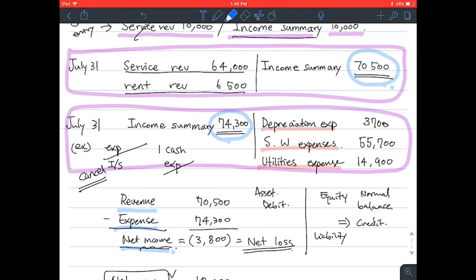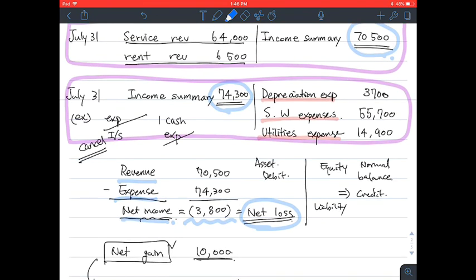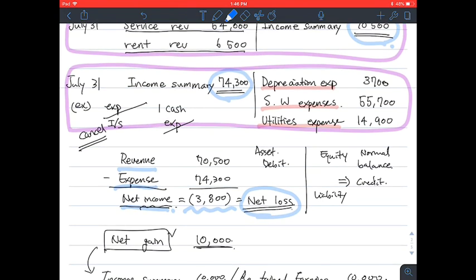In this case, we see that there are more expenses than service revenue, so we know that there is a net loss, right? This one is kind of tricky, because if there is a net loss or a net gain, the income summary credit and debit sides should be different.